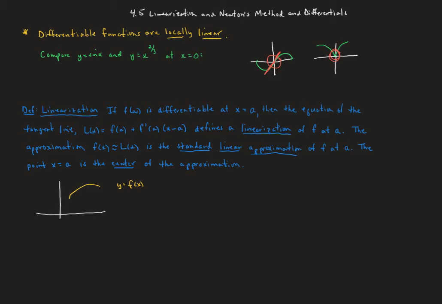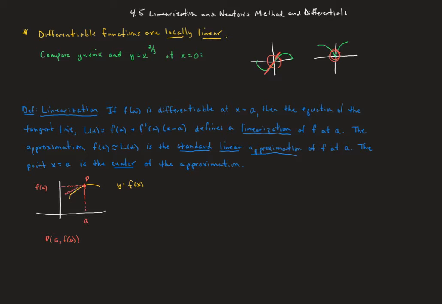To illustrate what's happening and get this notation so it doesn't look so out of the blue, imagine here's your point x equals a. Then on the curve there, since it's on that function, that y value would be f of a. So that point on the curve right here would be a comma f of a.